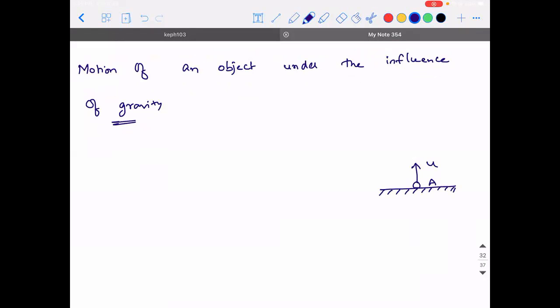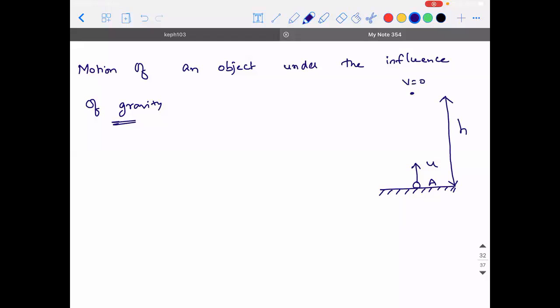It goes up and comes down, sir. While it is going up, what will happen when it reaches a certain height? The velocity will become 0. So the instantaneous velocity of the object at the highest point h is going to be 0.